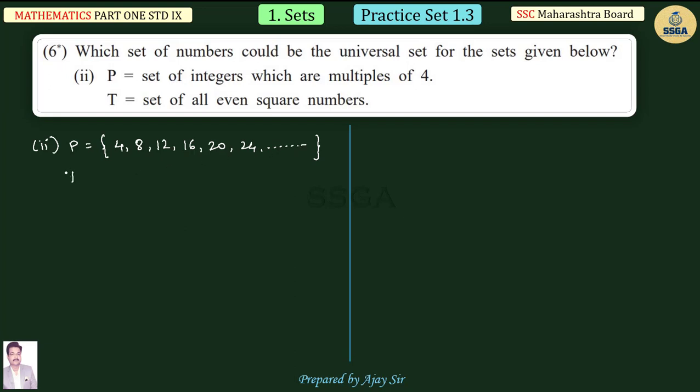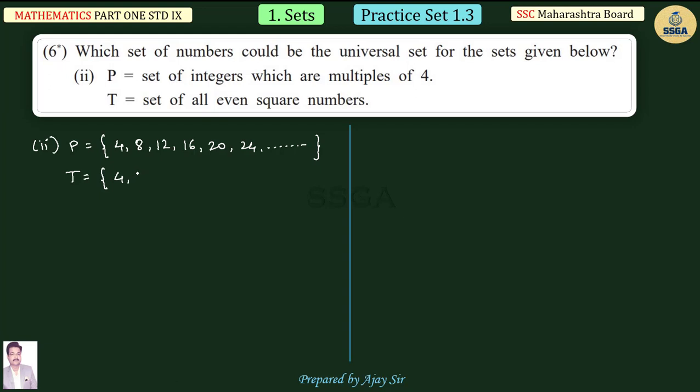And T is a set of all even square numbers. Suppose you take the square of natural numbers 1, 2, 3, 4. 1 square is 1, that is odd. 2 square is 4, 3 square is 9, it is odd.